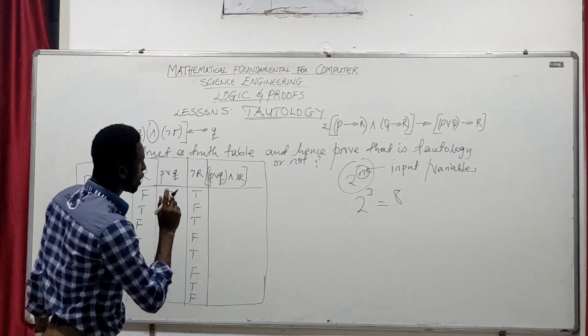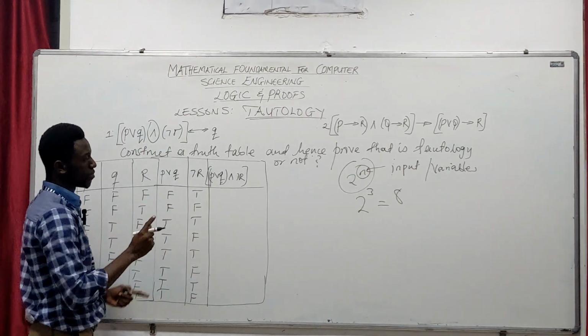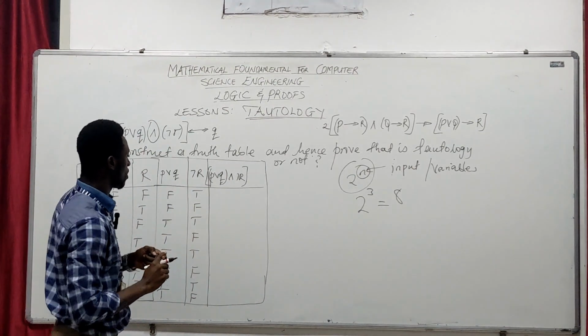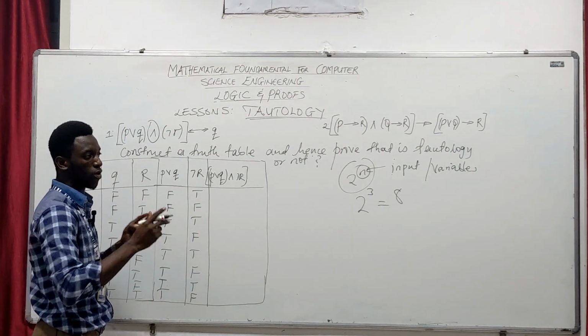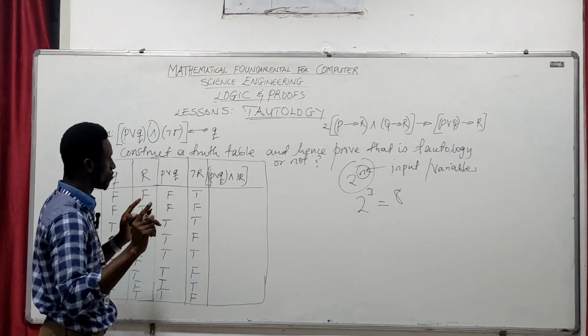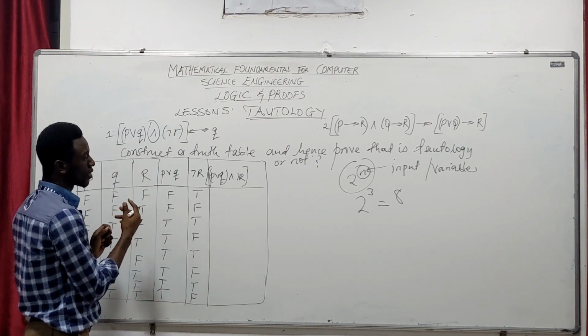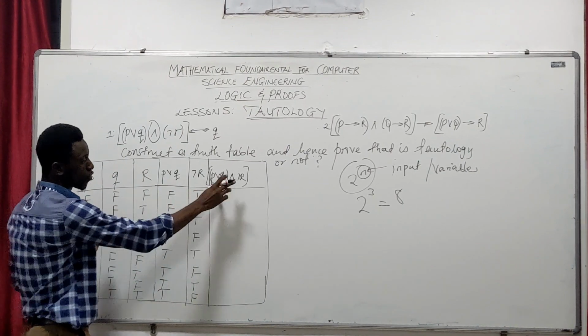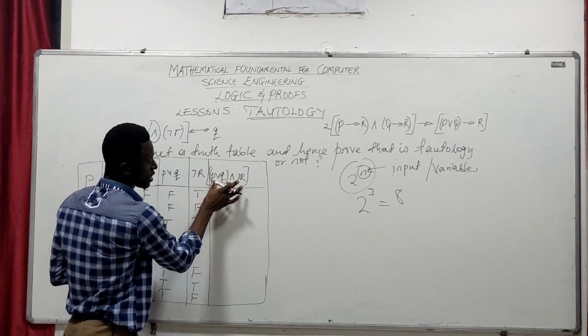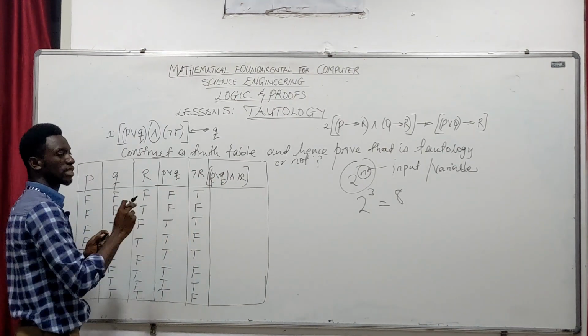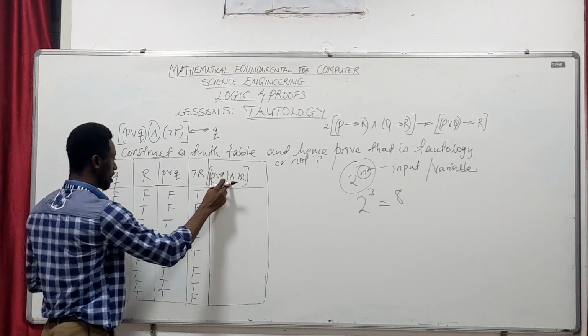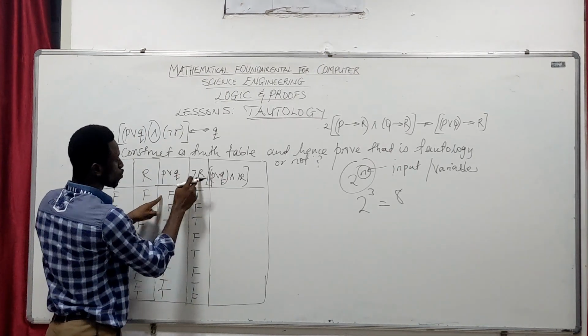The statement can only be true if both statements are true, okay? Otherwise, it's false. If one of the statements is false, it becomes false. It can only be true if both statements are true. That's for this AND. So now let's consider these two columns.